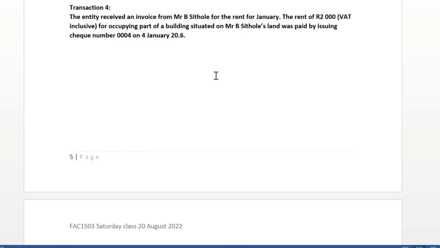What are the source documents for this transaction? Number 1, received an invoice from Mr. Bisitole for rent. Who received the invoice? BS Electrical.